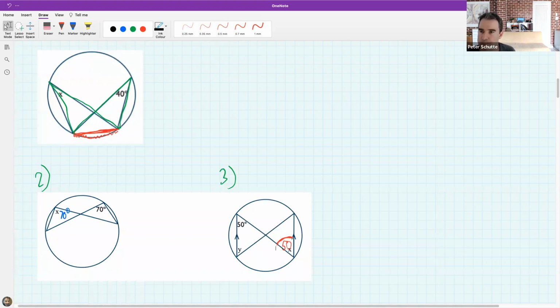Hearties, let's go to you. Yes, y is equal to 130. Okay. What did you use to get 130? I took 180 minus 50 because it looks like a triangle. Ah, triangle.